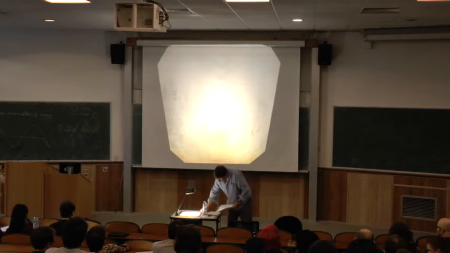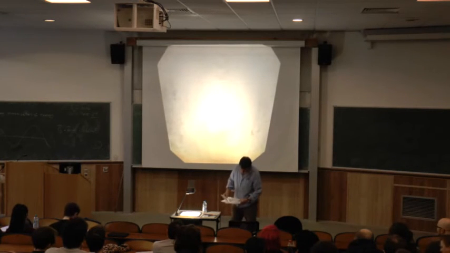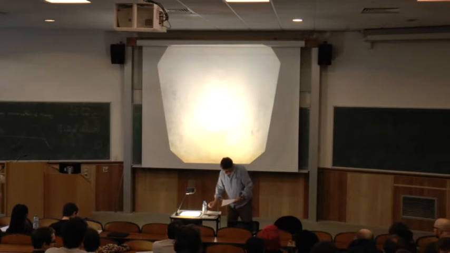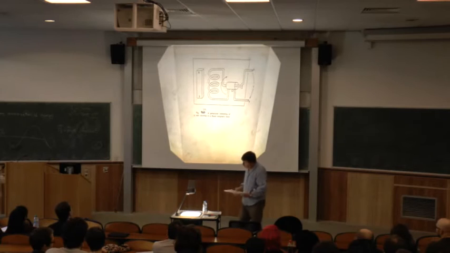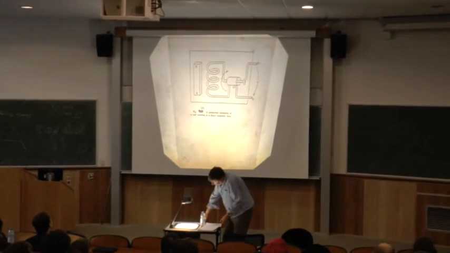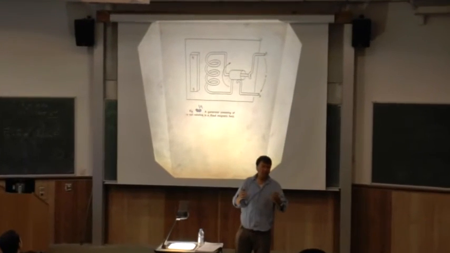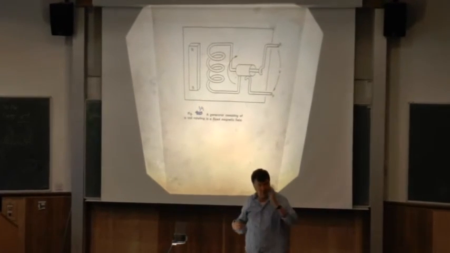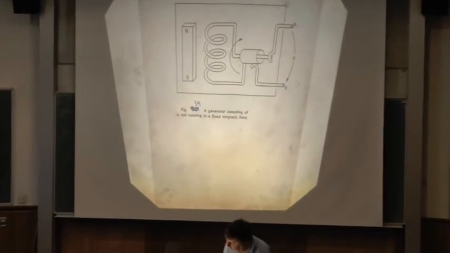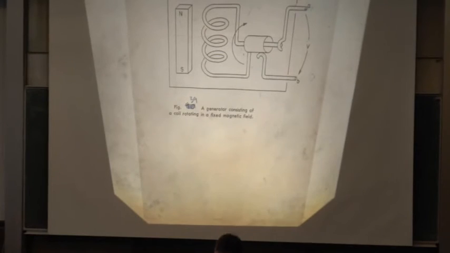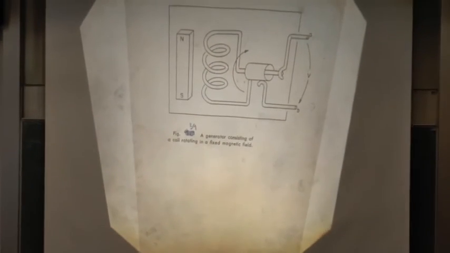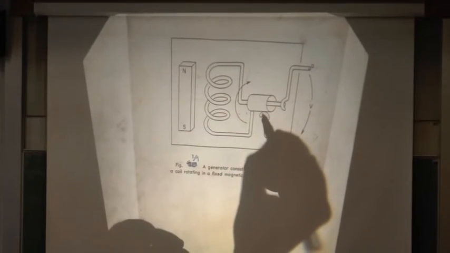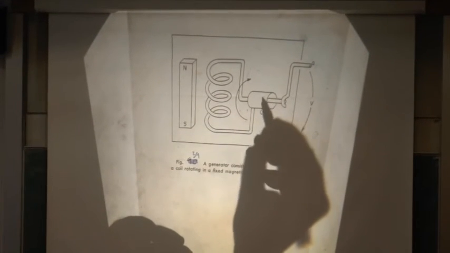Again, I won't say too much about the technological aspects, but I did include some figures in the course handout because this is so important. We've done it in the simplest possible geometry, a coil just rotating in a uniform field. Of course, if you rotate the coil in practice, you don't want it to get tangled up, so you need things like slip rings and so on.